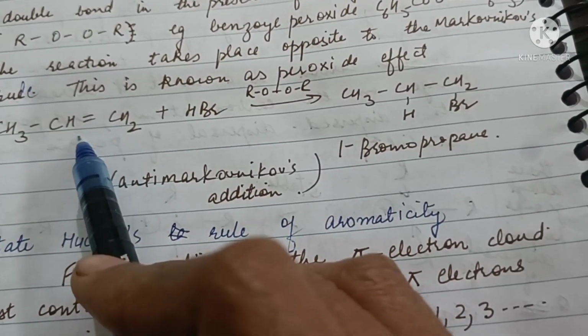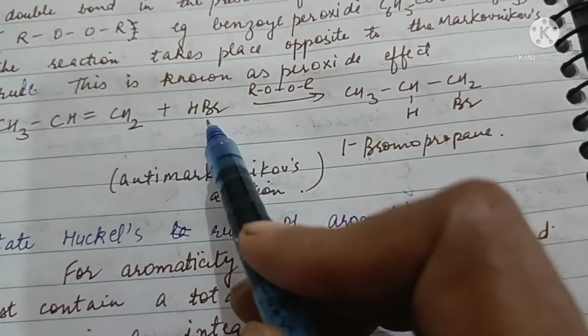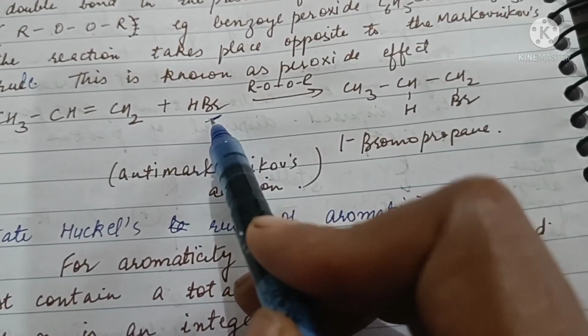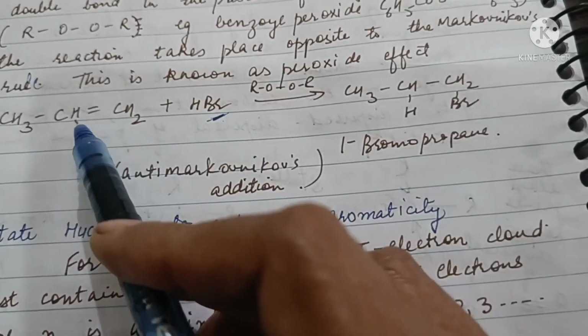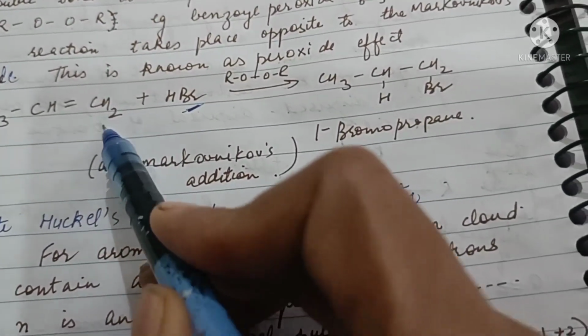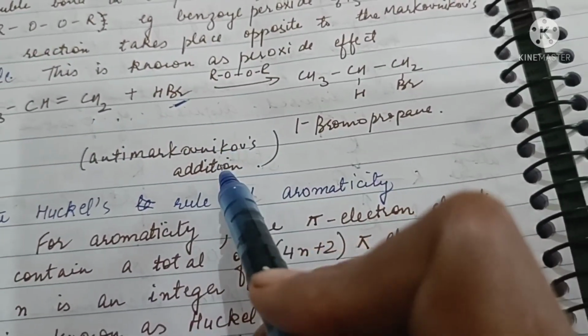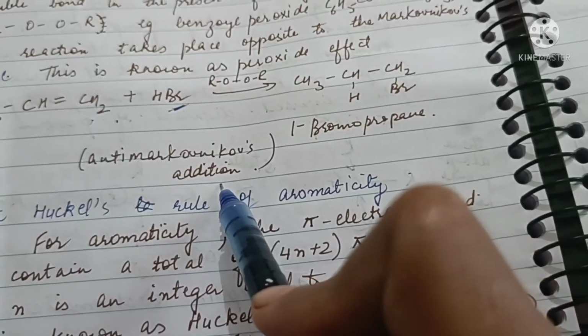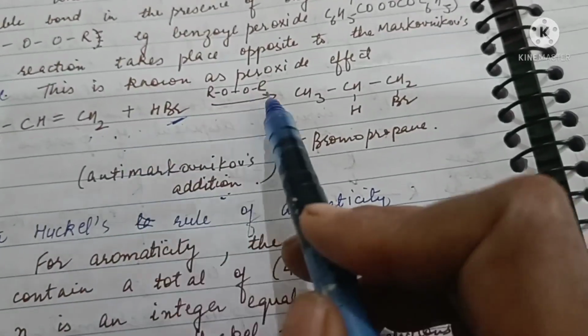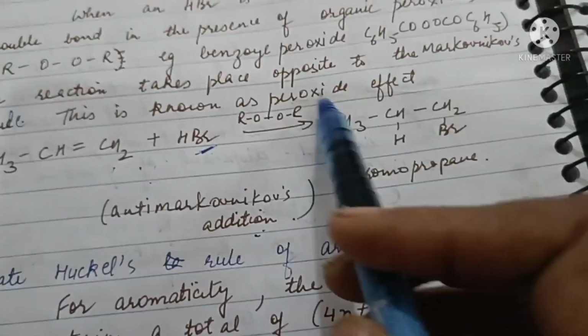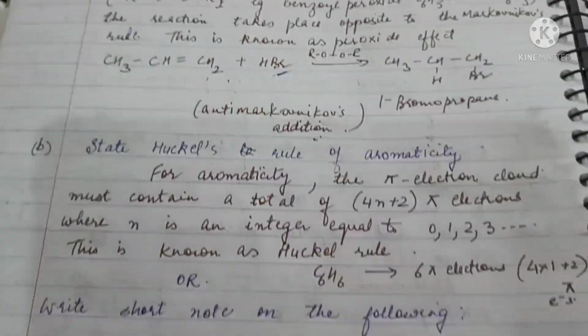One has 1 hydrogen and the other has 2 hydrogens. When HBr is added, the negative part of HBr will move to the carbon atom which is having more number of hydrogen atoms. This is contrary to the Markovnikov's rule and is called anti-Markovnikov's rule, and this effect takes place in presence of peroxide, so it is known as peroxide effect.